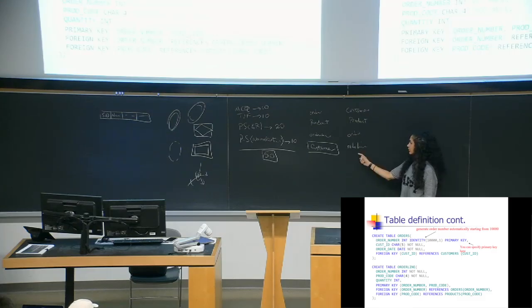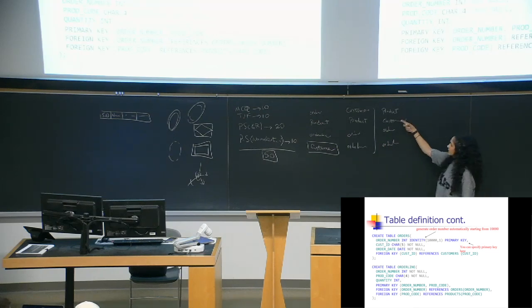For order line, we need to have created the product and order tables first, which we already did. Another correct answer is, for example, product, customer, order, order line. Doesn't matter if you create product first or customer first.